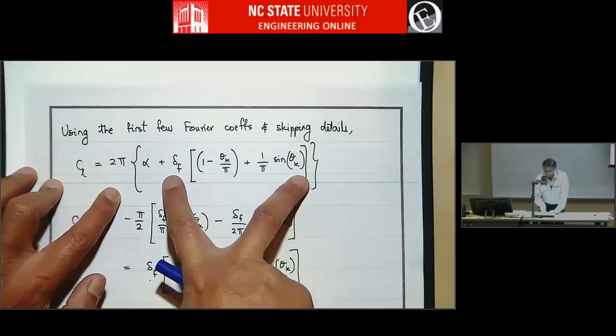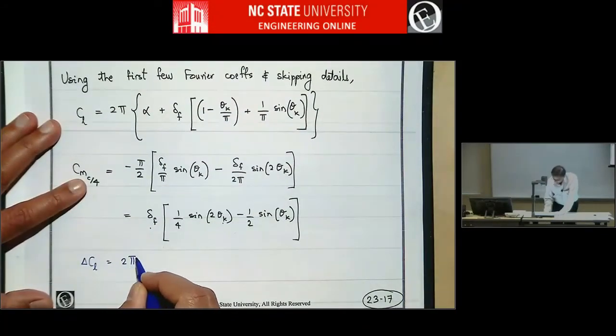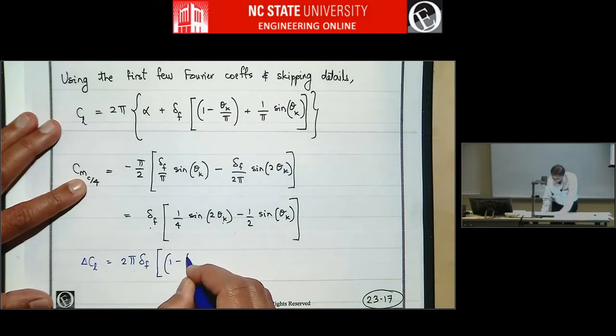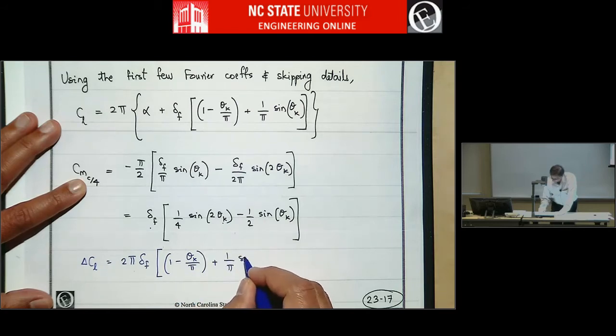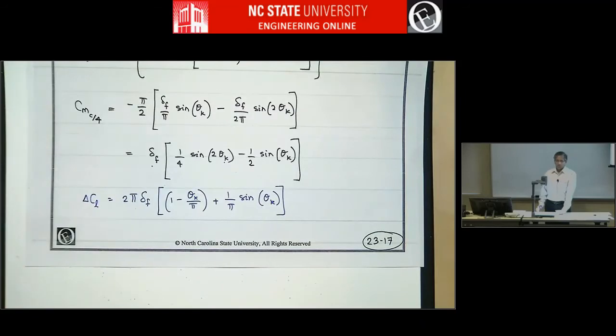So this is the delta CL term. So delta CL is 2 pi times delta f times that stuff in the parenthesis. So this is valid for any airfoil. So you can add this to a thin airfoil or to a cambered airfoil.